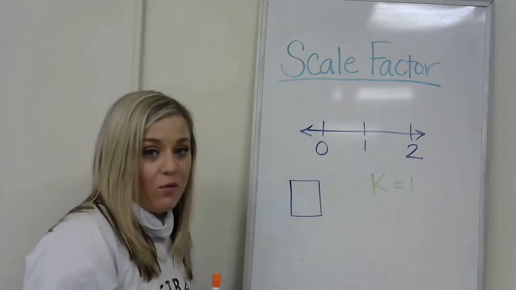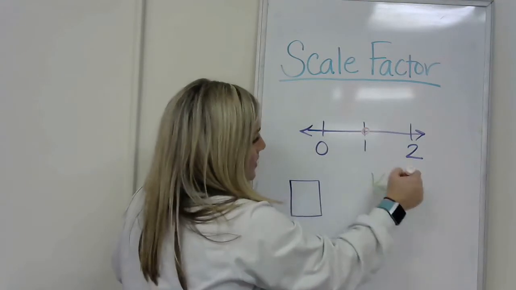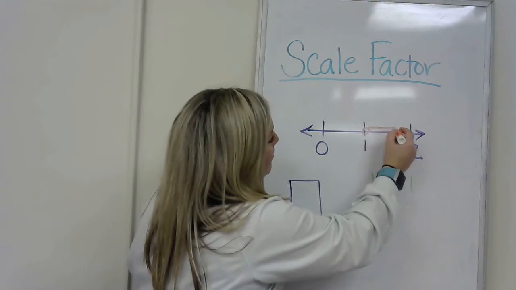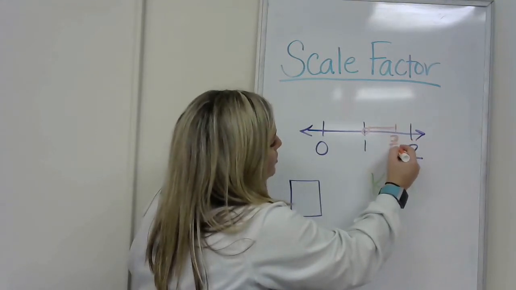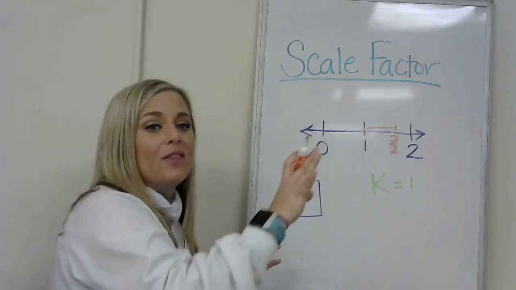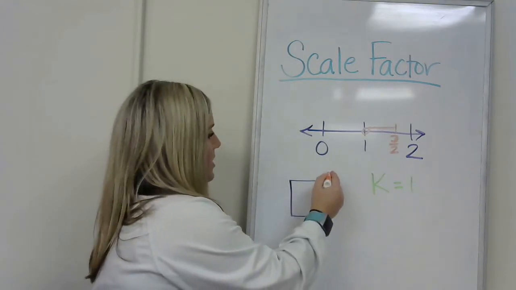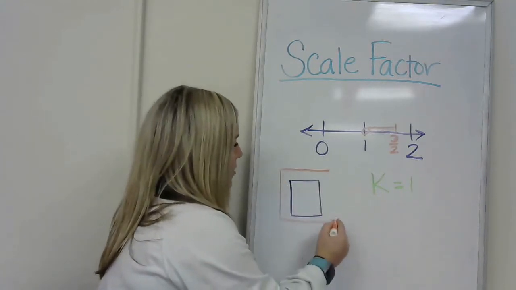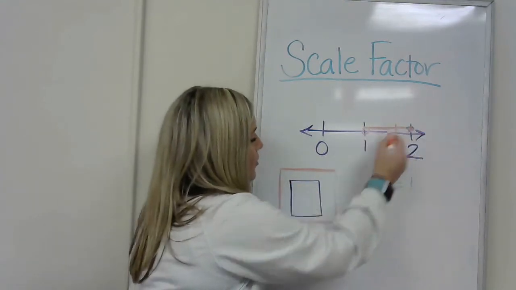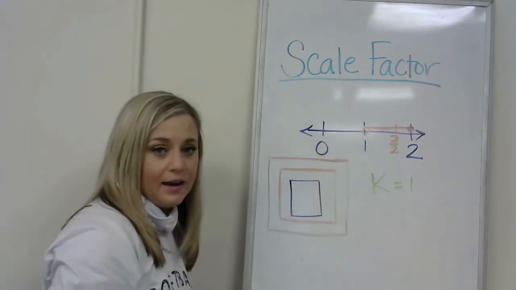Now, let's say I was to change it to about 3 over 2, which is 1.5. If you turned it to a mixed number, that's 1.5. Or plug it in your calculator. So that means that it is 1.5 times greater in size. You see what I'm saying? All right. If we went all the way to 2, that would mean that my shape is 2 times greater in size.